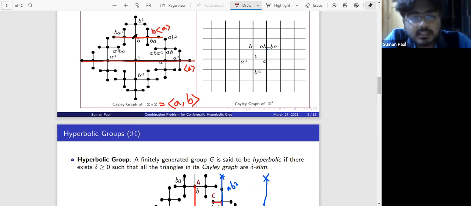So basically, this is the Cayley graph of the coset of this subgroup.